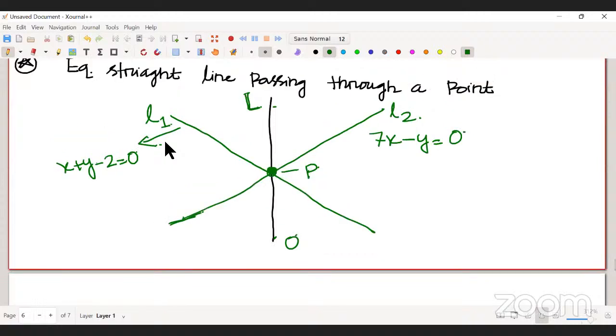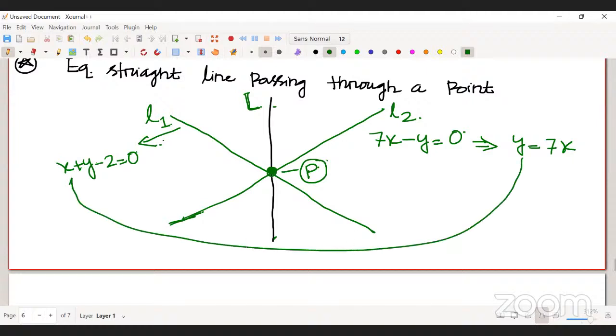Okay, the first thing we need to do is find the coordinates of P. For that, we need to find the intersection point of L1 and L2. L2 is y equal to 7x, so if I substitute this y in the other equation, I will get the intersection point.